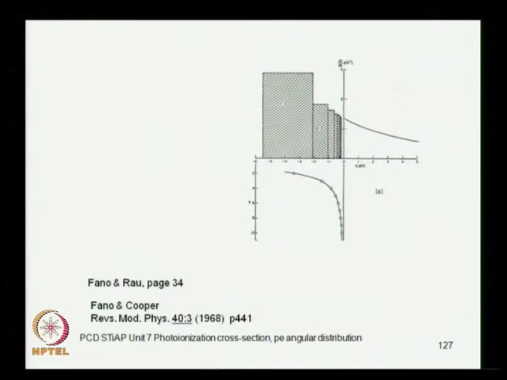And I will draw your attention to this figure from Fano and Cooper's review which appeared in Reviews of Modern Physics, and this is available also in Fano and Rao's book. And this is an oscillator strength distribution. So, you have got the discrete part on the left of this vertical line.